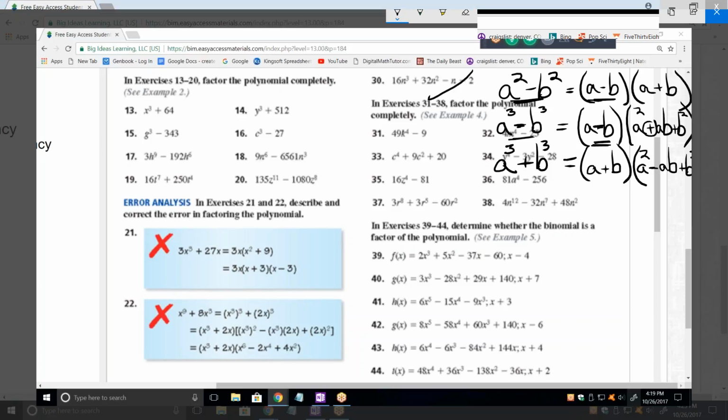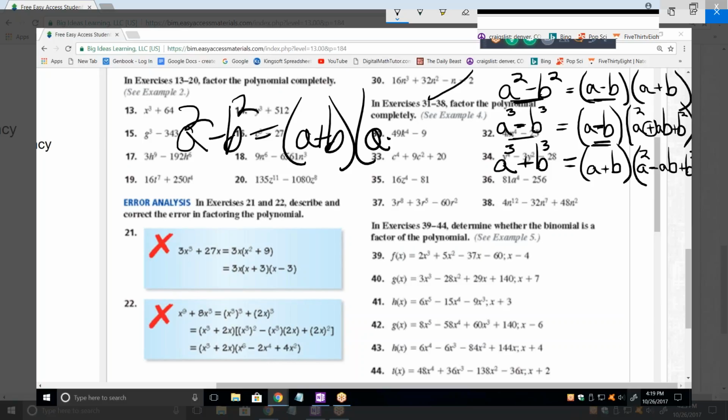And it's helpful in terms of memorizing it to memorize it exactly like this. I get some people that when I say, what's a squared minus b squared, they give me the answer a plus b times a minus b, which is technically correct, but it's not the way I memorize it.